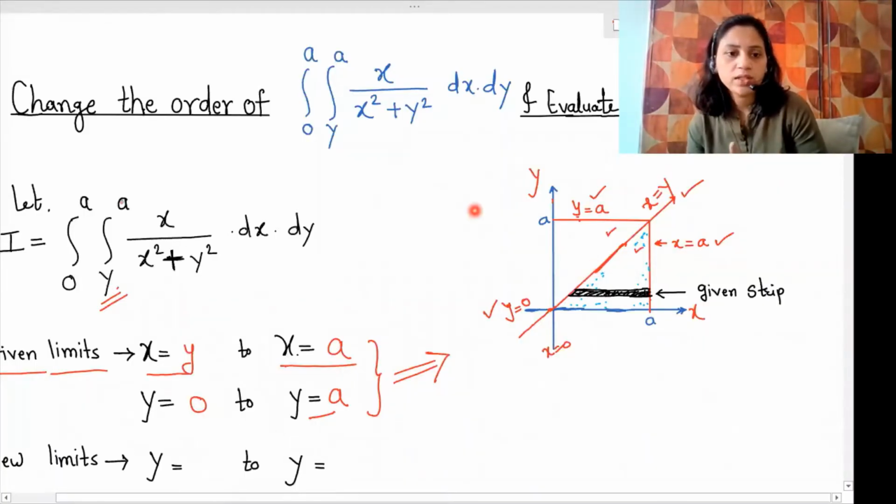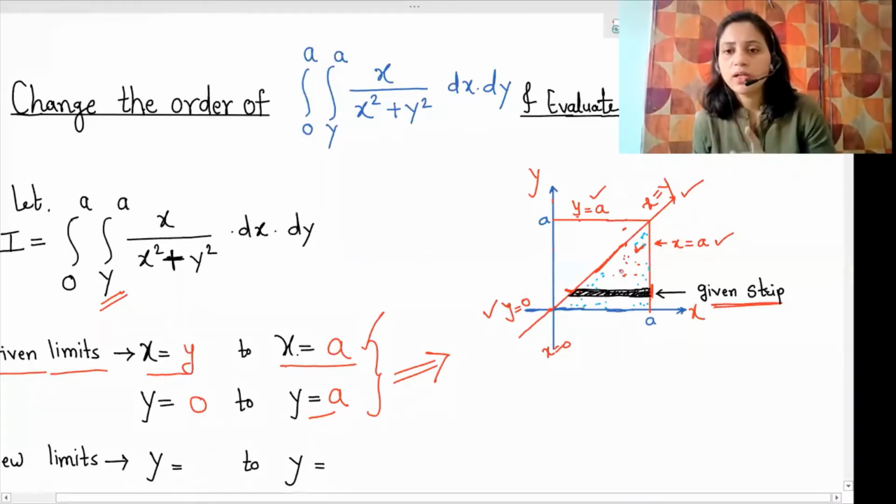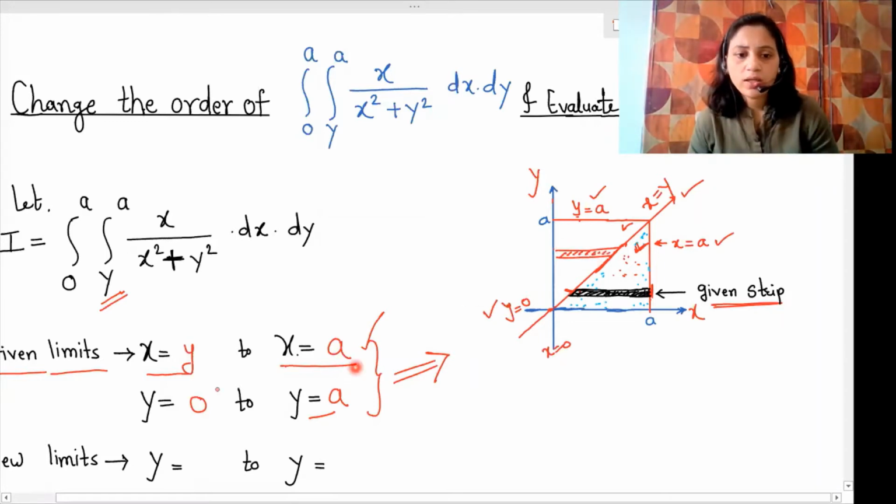As you have seen, the limits of the inner integral are in terms of y, so our strip should be parallel to the x-axis. I have drawn here a strip which is parallel to the x-axis. But before that, we need to find the region of integration. Is this upper triangle the region of integration, or this lower triangle? Let's check. Suppose I draw the strip which is parallel to the x-axis here, and now check whether this strip follows all these limits.